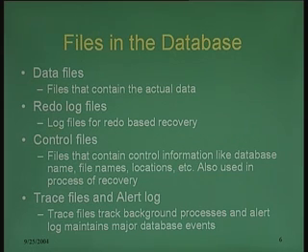Then there is a set of control files which contain different kinds of control information, like the database name or the different file names and the locations of these different files and so on. These control files are sometimes also useful in the process of recovery. In addition to control files, there are other files called trace files and alert logs. Trace files are essentially files that track certain background processes that Oracle runs.